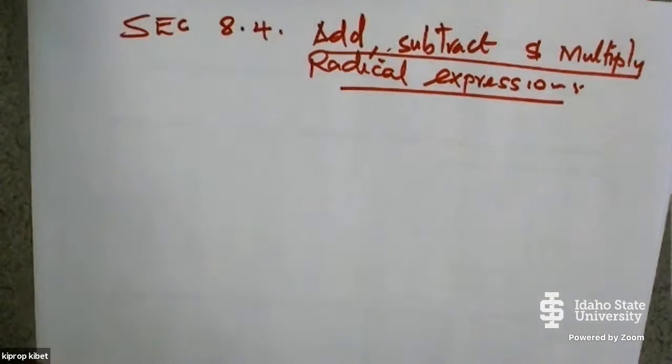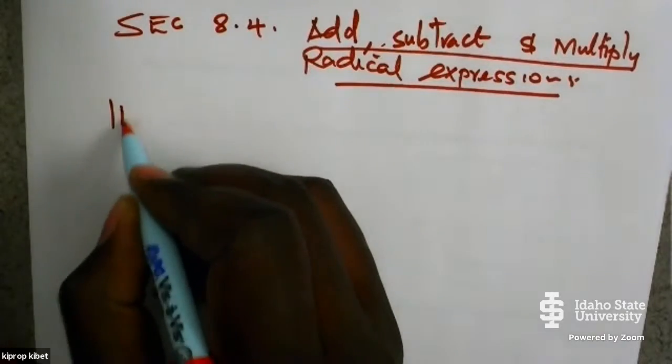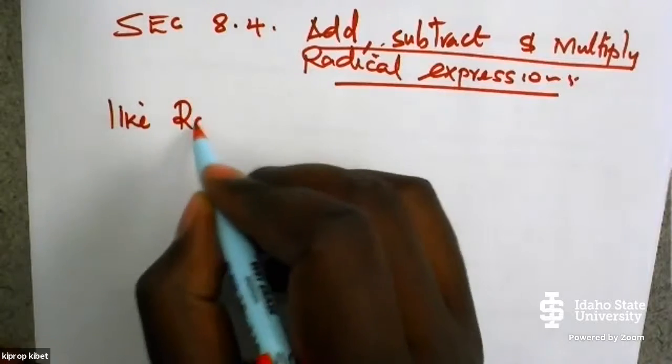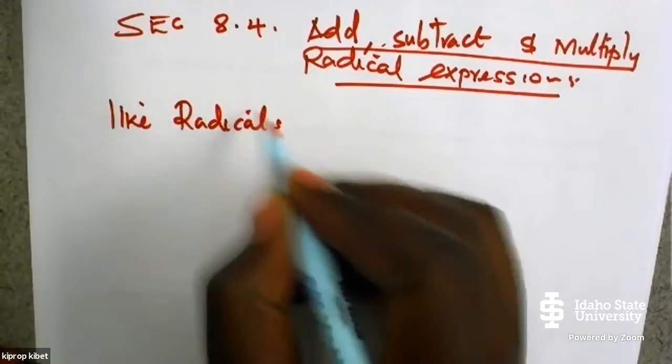Addition and subtraction, you do it in a similar way. When it comes to addition and subtraction, it is what you call the like terms, or the like radicals in our case.